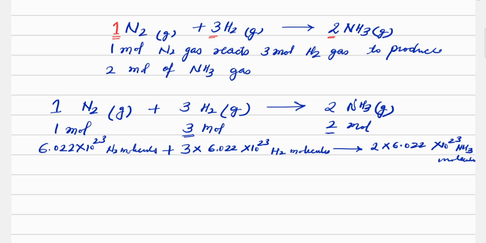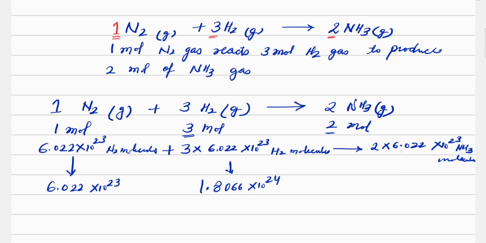Okay, so you can solve it. It remains as such. Over here it becomes 18.066. We can convert it into scientific term, that is 1.8066 into 10 raised to power 24.